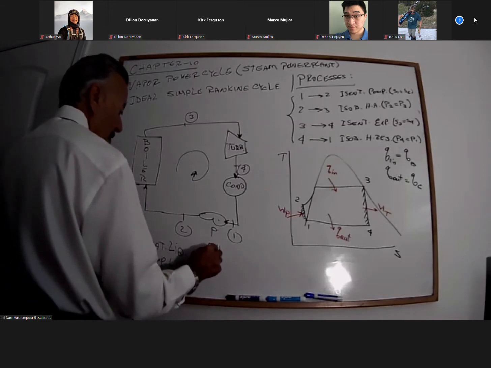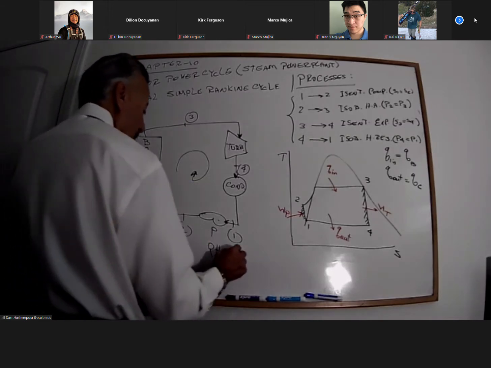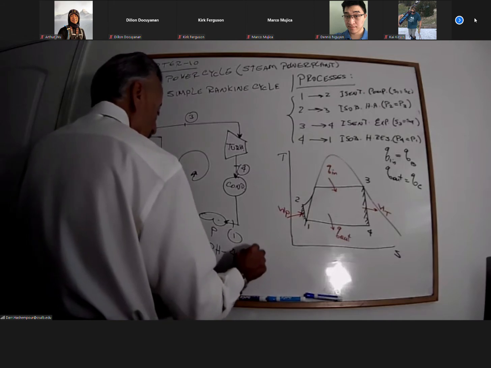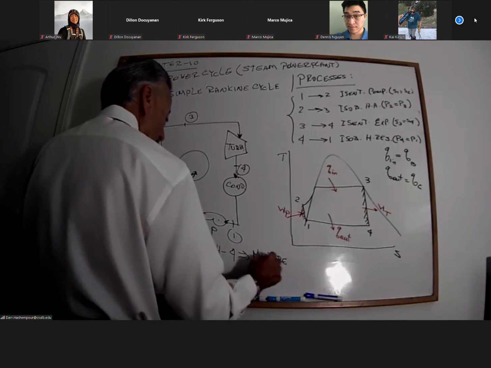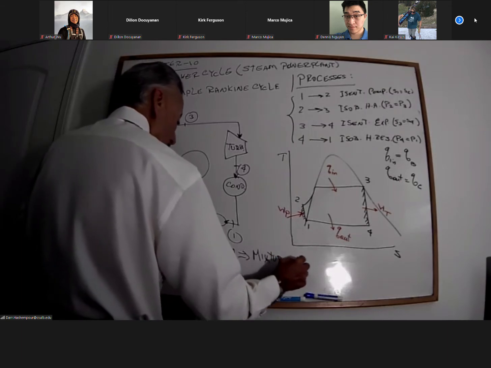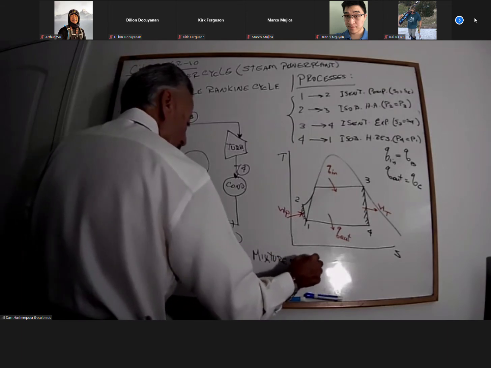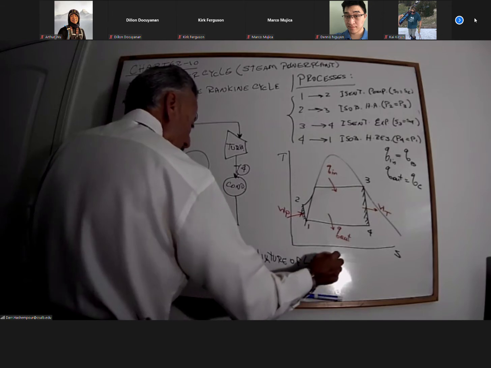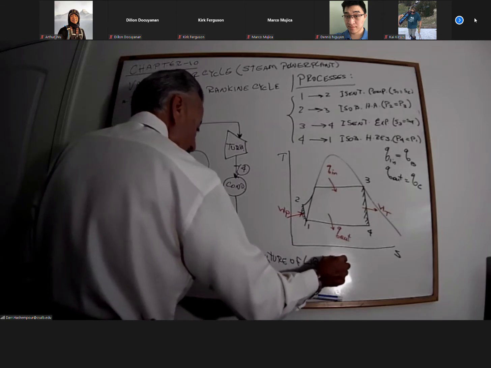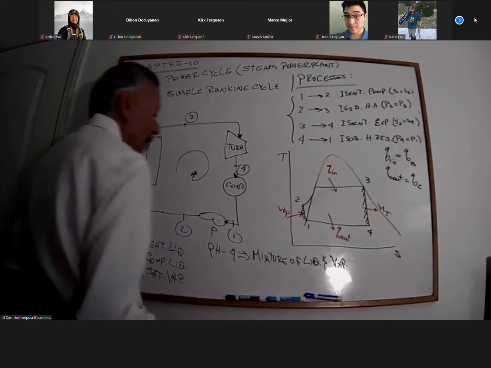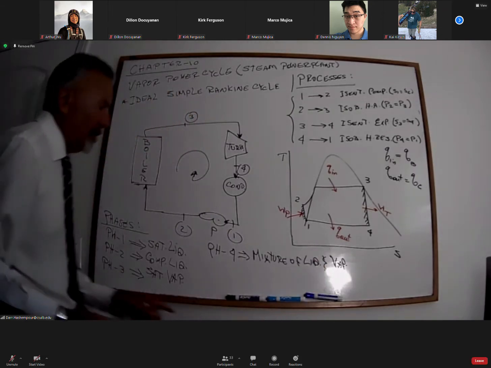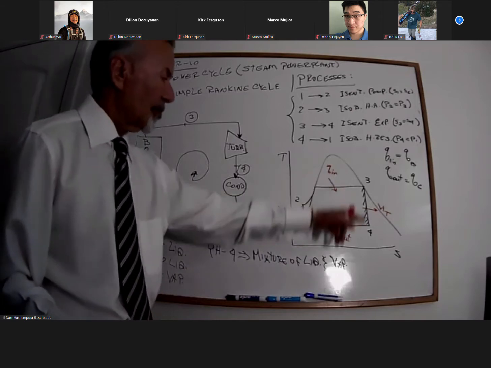Finally, phase 4 is a mixture of liquid and vapor. So these are the 4 phases that we go through.